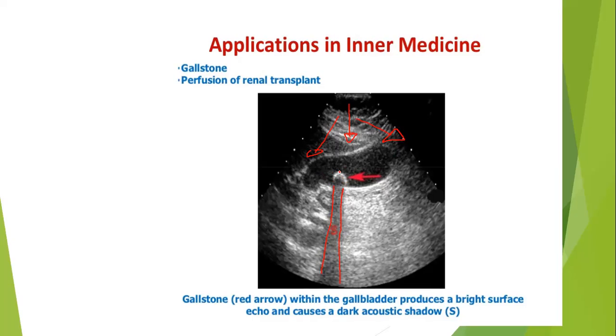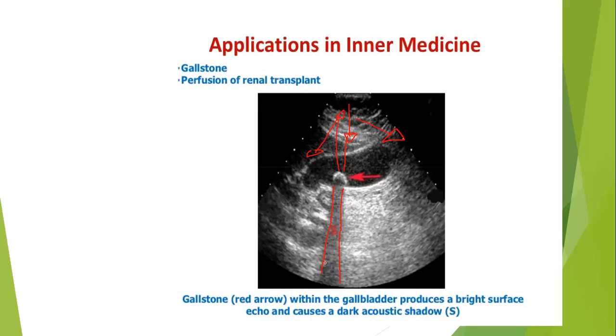Okay, so here we have a gallstone, and here we have this beam, and since this is a hard structure, it's going to bounce in this direction to our equipment. Okay, and since these beams cannot go through our gallstone, this is going to form this sign.